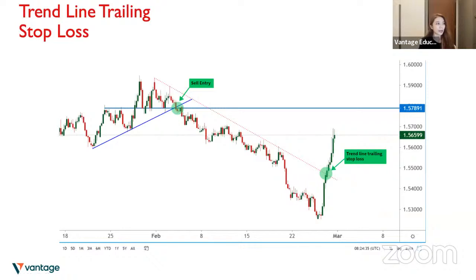So next up, we are looking at a trend line trailing stop loss. We are looking at a resistance downward moving trend line, this red dotted trend line. This will act as our trend line trailing stop loss. As long as price does not attempt to exceed or surpass this trend line resistance, we will assume that our trend is still going to play out, until the price tries to move above the trailing stop loss trend line.